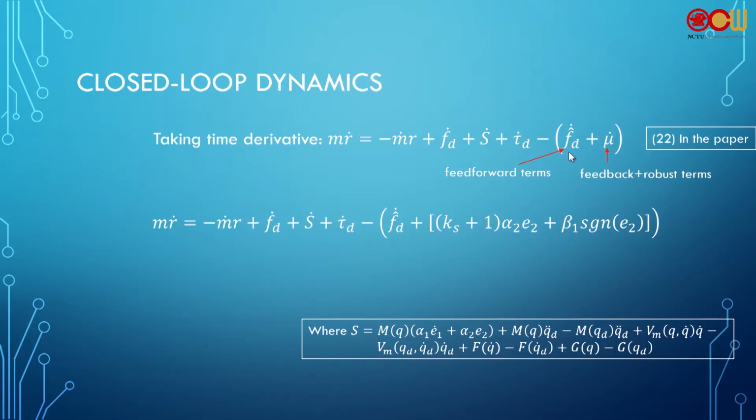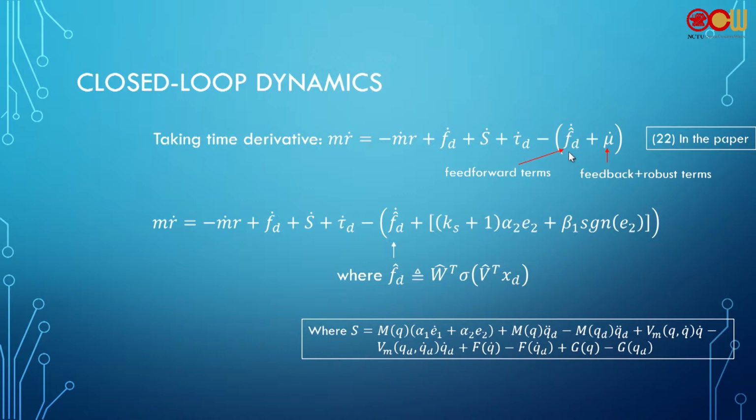For mu dot, we design mu dot as this, which contains feedback and high frequency terms, which can be considered as robust term. Remember, here we use a multilayer neural network to approximate the nonlinear function. This is the estimate of the desired nonlinear function, FD hat, approximated by the multilayer neural network.